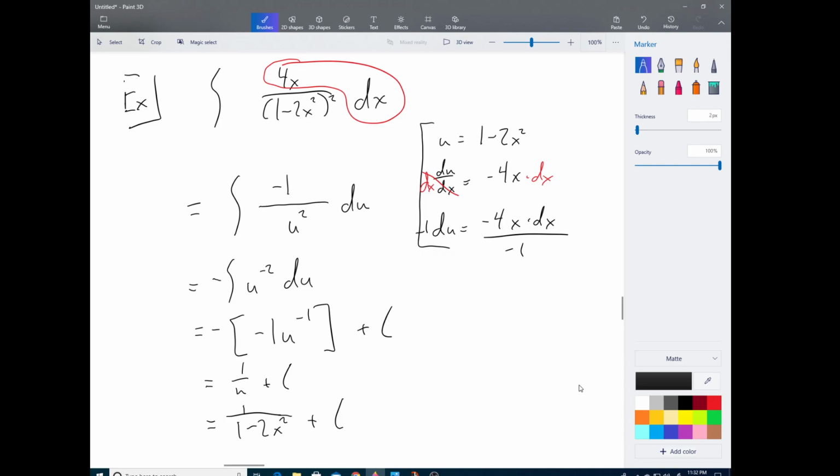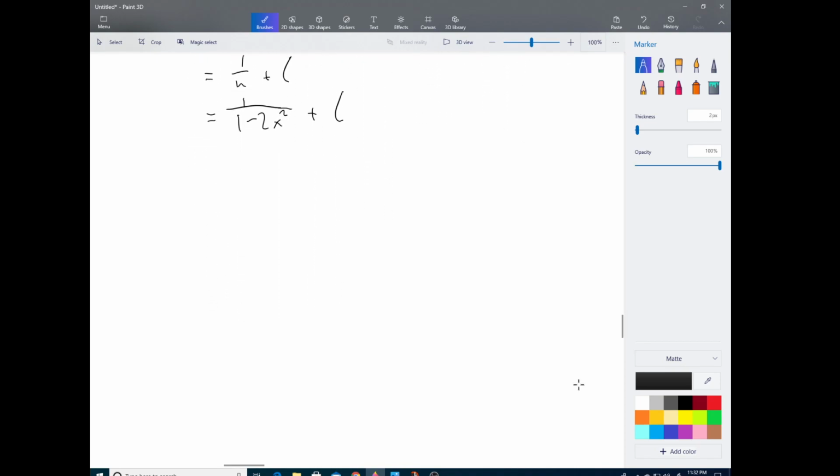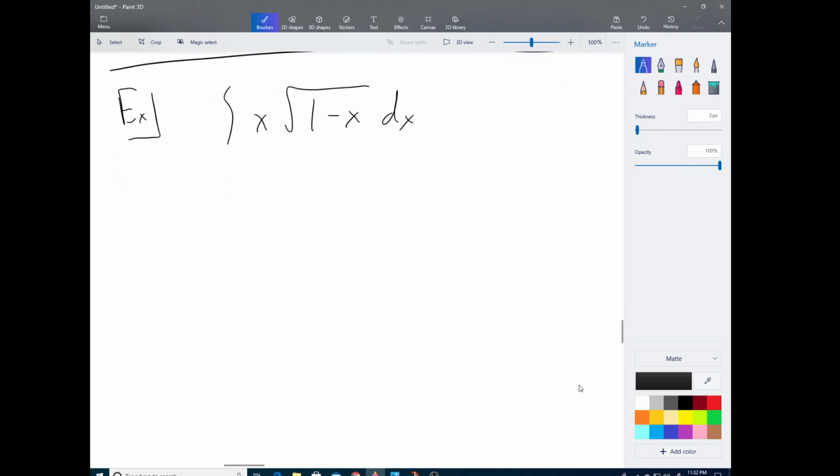Alright, I have 2 more examples, and this is where it's going to start to feel a little different. These are the ones where when I said don't skip ahead or just ignore the examples and think that, oh, I've got this, because you're going to run into some situations like this. Now, again, this one, pretty obvious what I want to choose u to be. Use the thing inside the parentheses if you have anything with parentheses.